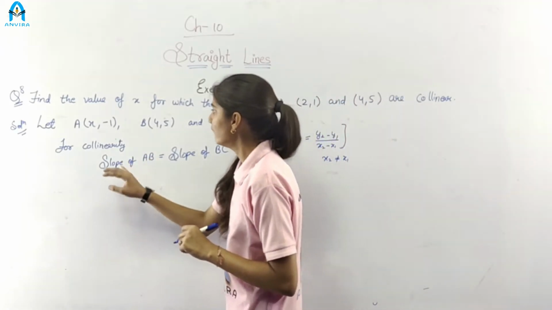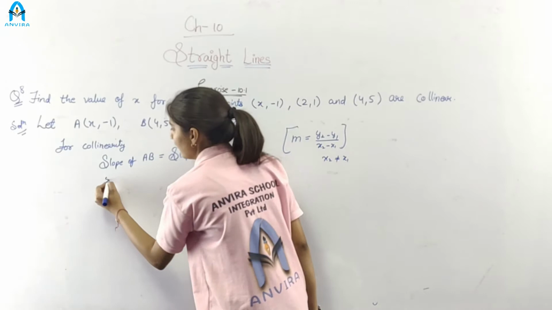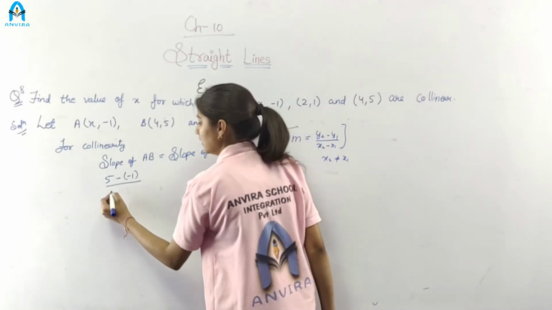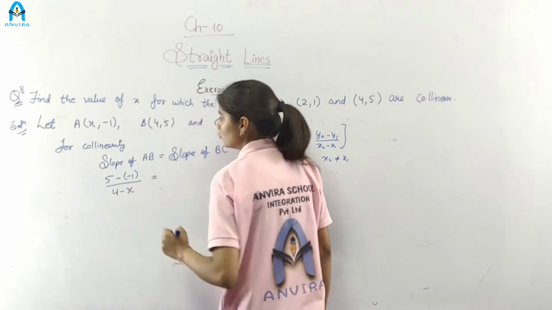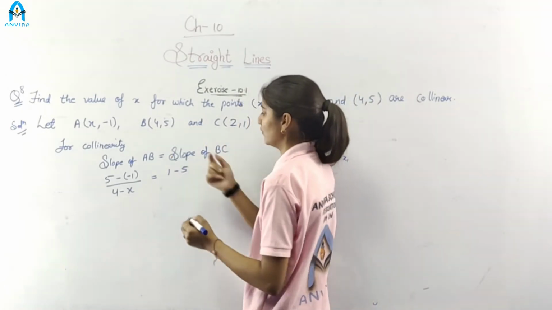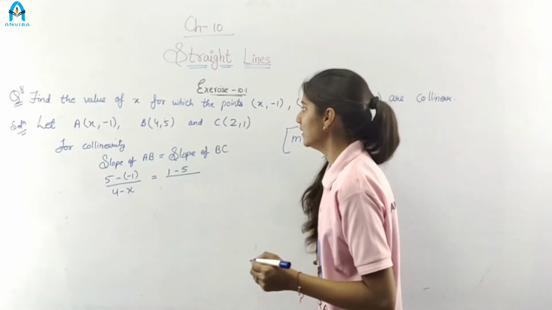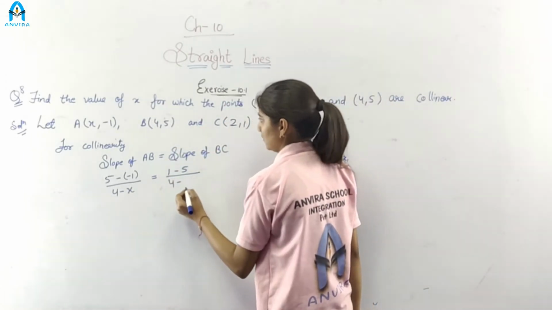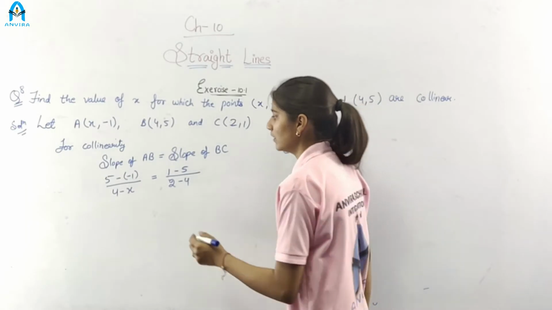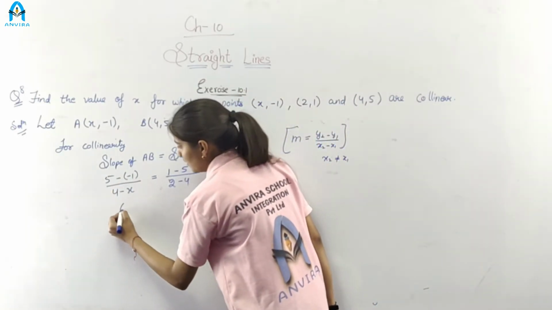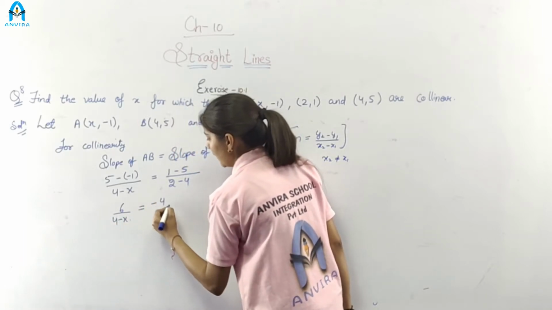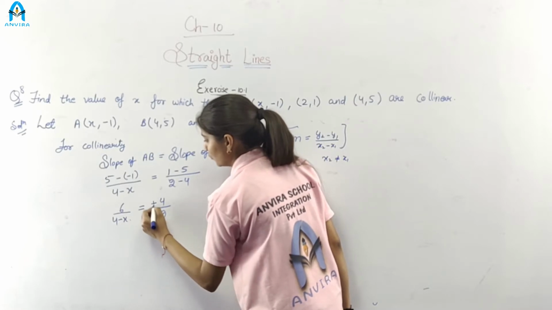First, the slope of AB is (5 minus (-1)) upon (4 minus x), which equals (1 minus 5) divided by (2 minus 4). So what will I get? 6 upon (4 minus x) equals minus 4 upon minus 2.